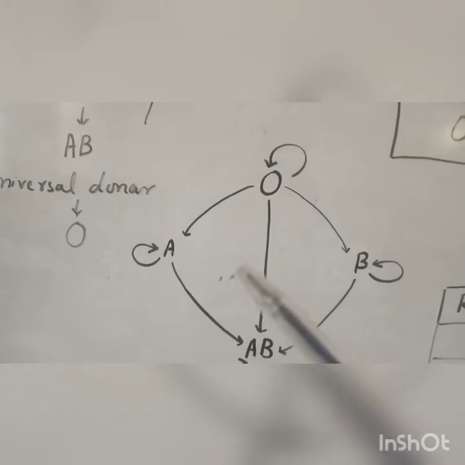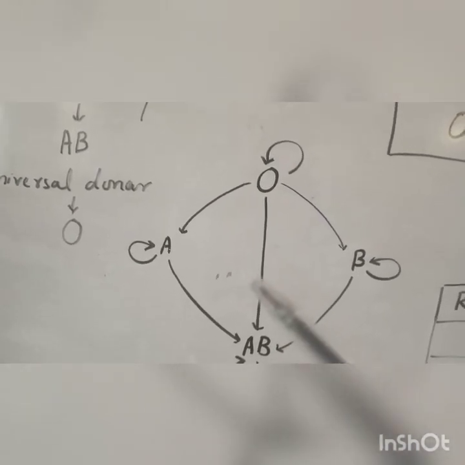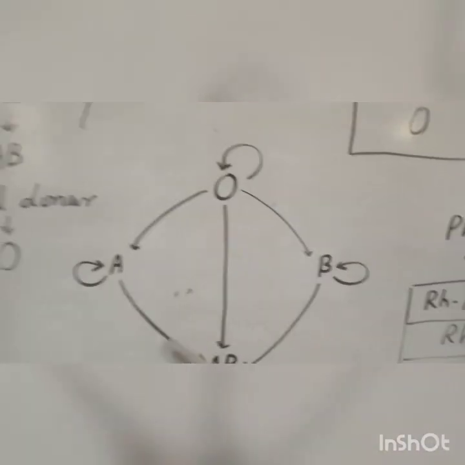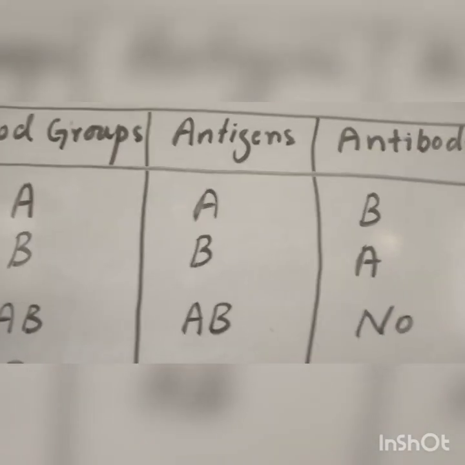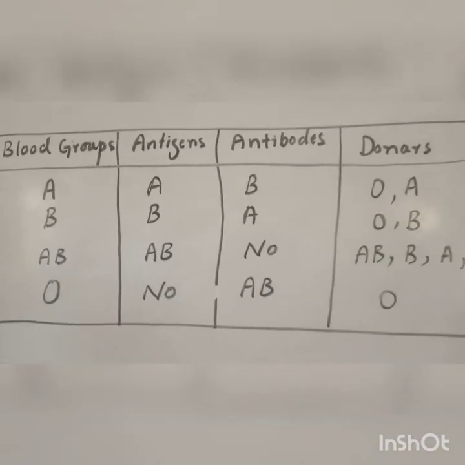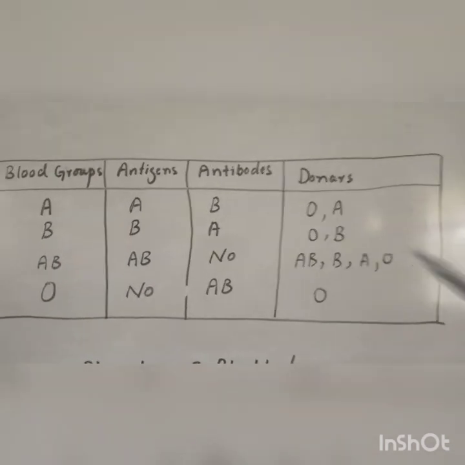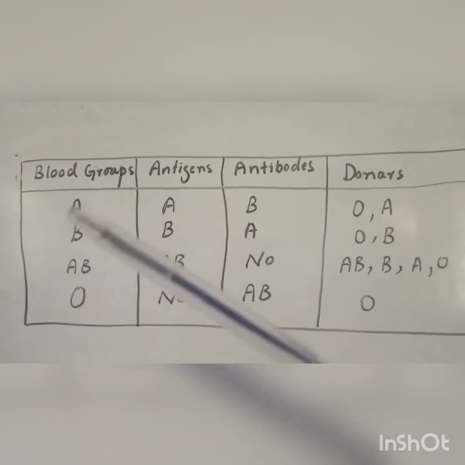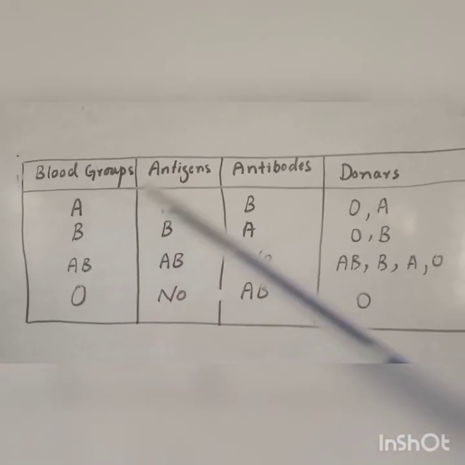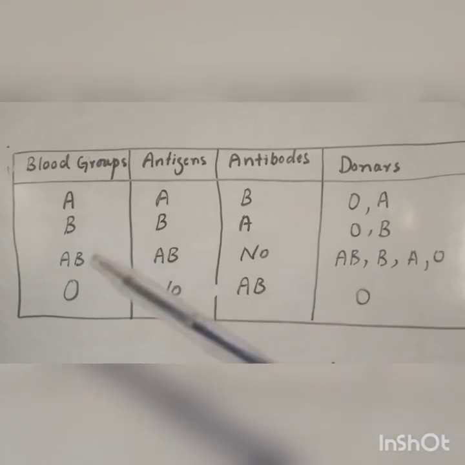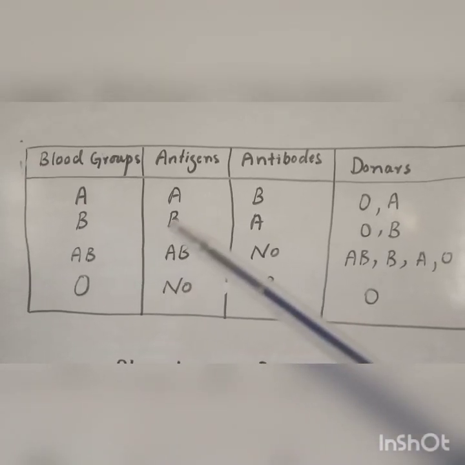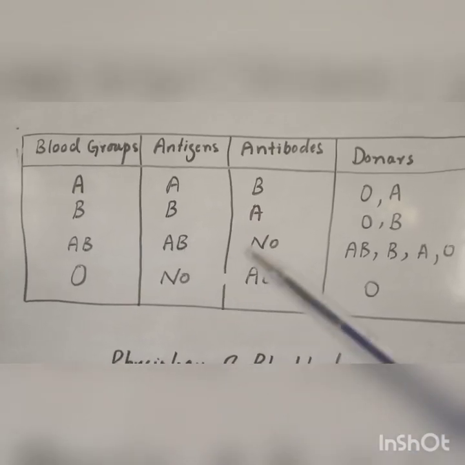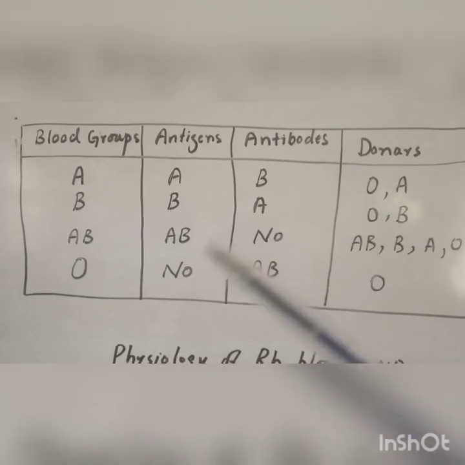If we look at the antigens and antibodies of the blood group system, we can show them in a tabulated form: blood group A, B, AB and O. So the antigen on blood group A is A while its antibody is B. On blood group B the antigen is B and the antibody is A. On AB the antigen is AB while there is no antibody.